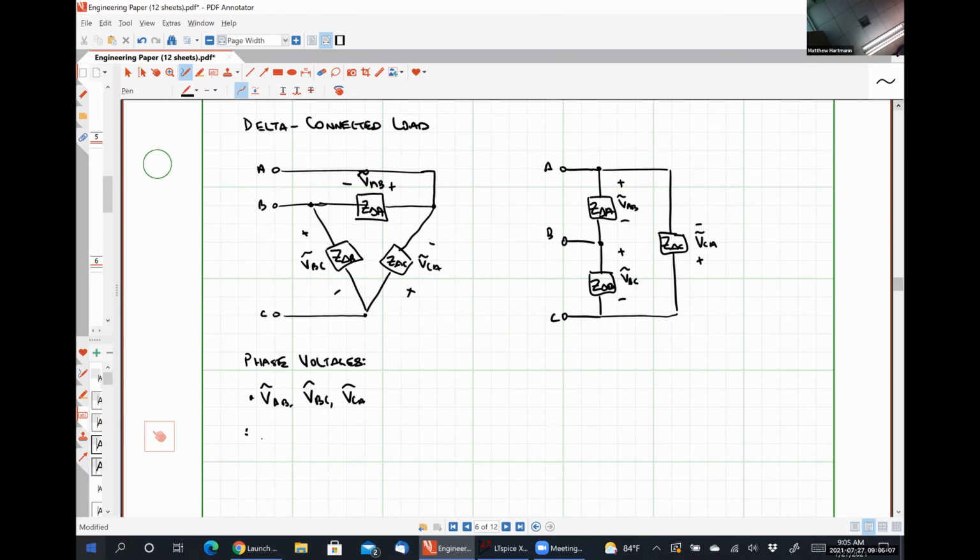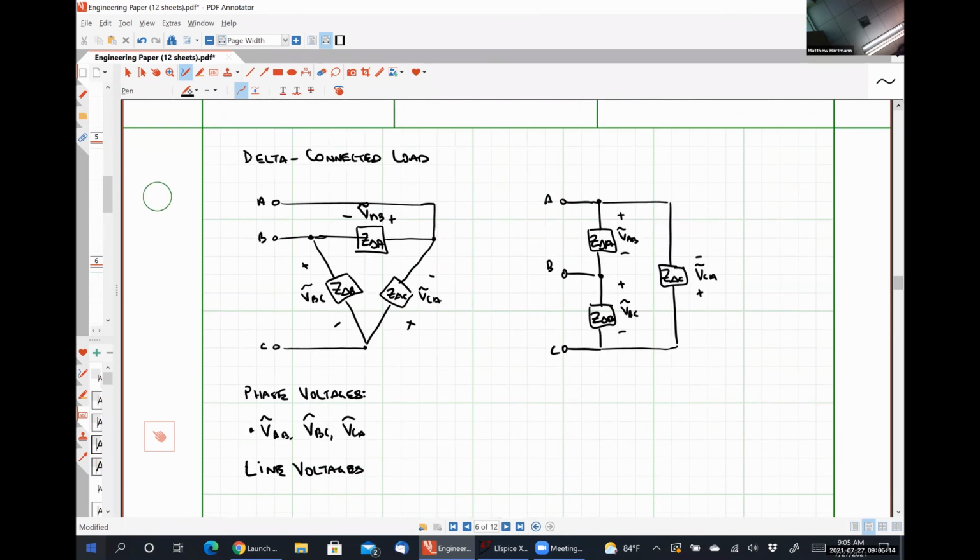Our line voltages are VAB, VBC, and VCA. Our line voltages again represent the same thing as our phase voltages. So anytime we have a delta connection, that should be true.